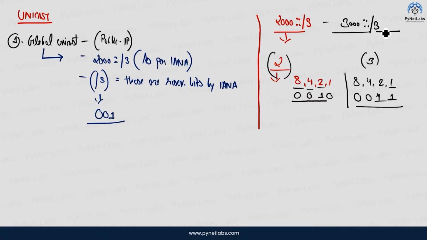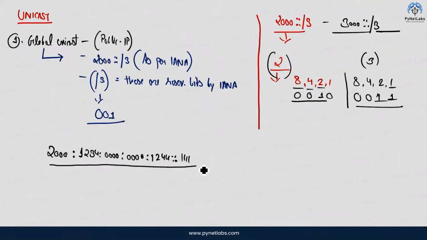Apart from that, I wrote some IP address in the previous section starting with AB, which makes no sense, that was just an example. But if I say 2000, or let's say 1234:1234:1234:1244::1111, this is going to be my IPv6 address, and it is going to be considered as my global unicast IP, and it ends at the range of 3000.